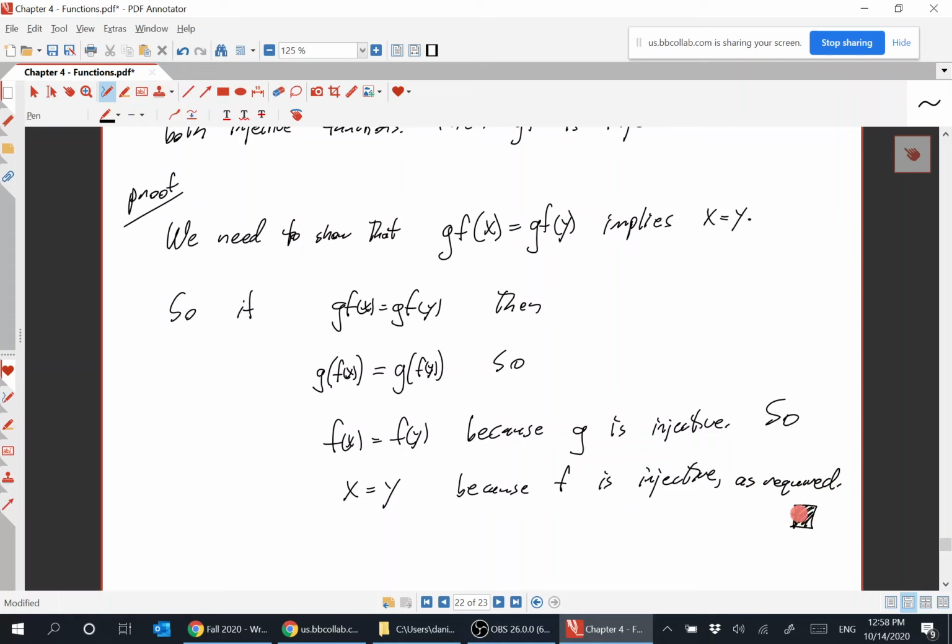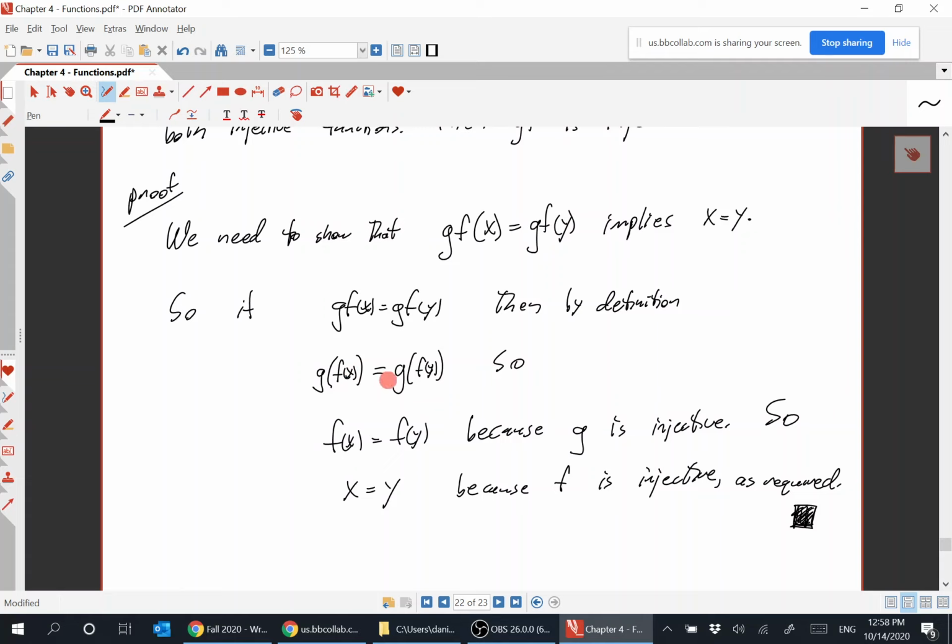Right, we started with the assumption that g following f of x is equal to g following f of y. Now, g following f, by definition of composition, is g of f of x. And this is g of f of y.